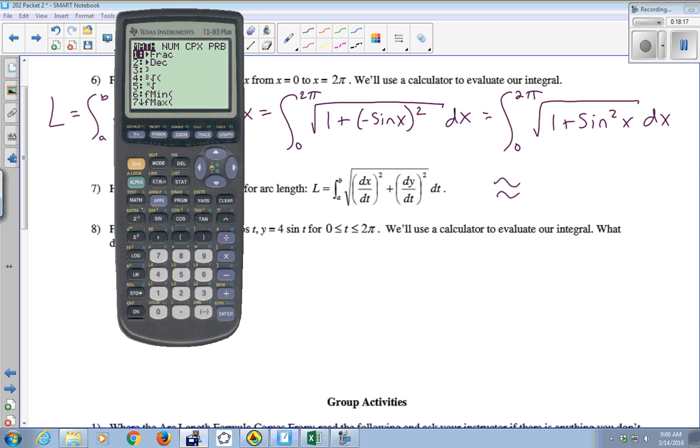so I'll just do math, function integrator. I want the square root of 1 plus sine of x squared with respect to x from 0 to 2 pi. Oops.